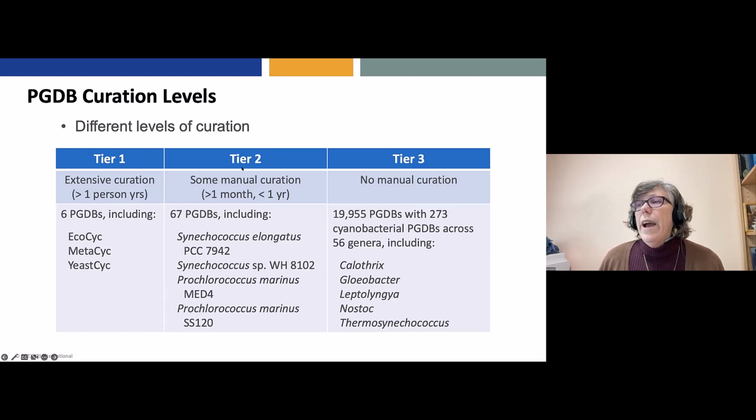Tier 2 have some manual curation. So that's anywhere from a month of person years to less than a year. And there are 67 tier 2 databases in BioCyc, 4 of which are cyanobacteria.